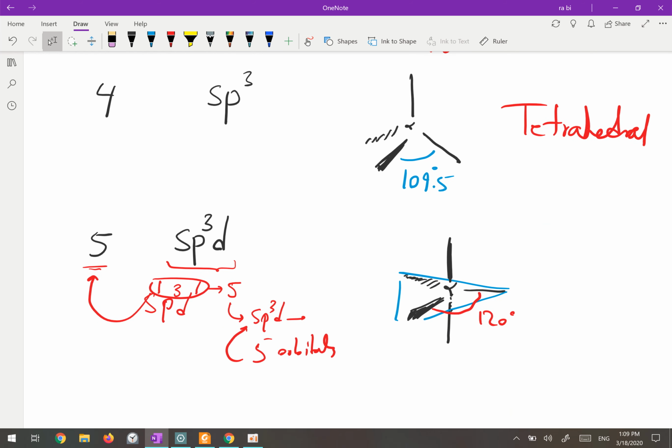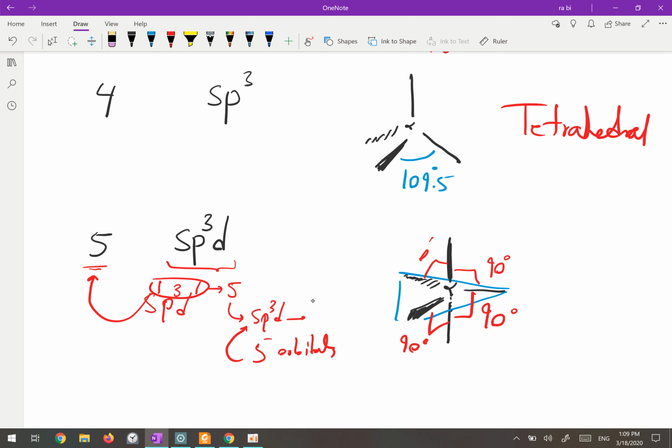And the angle between the domain at the top and each one of the domains that you have in the plane is 90 degrees. Same thing for the domain that is at the bottom of the molecule. The angle between this domain at the bottom and each one of these domains in the plane is 90 degrees.